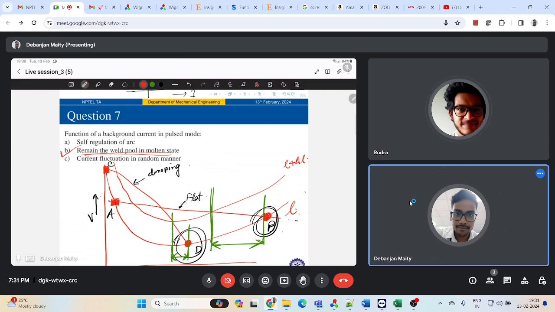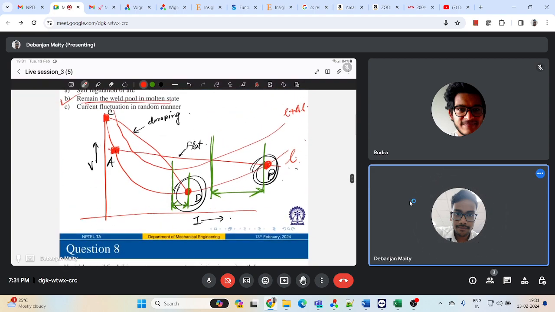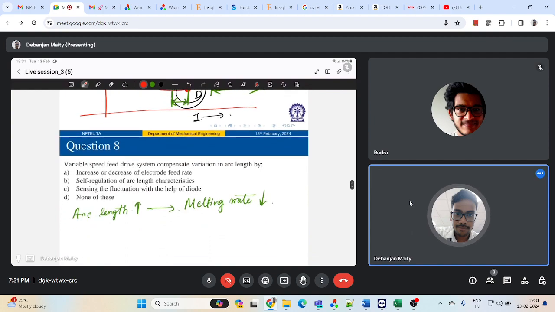This is why we use background current. Anyhow, for DC in pulsed mode, you never will have zero current like you get in AC mode operation. There will be those transitions from positive to negative, no? So you'll always have this background current over here, as I mentioned.